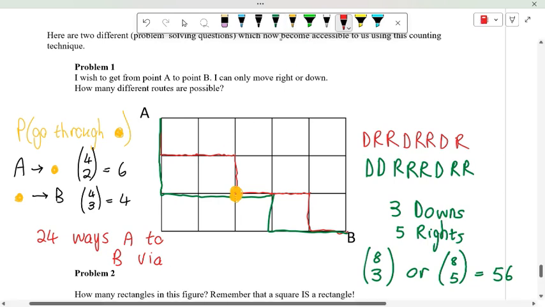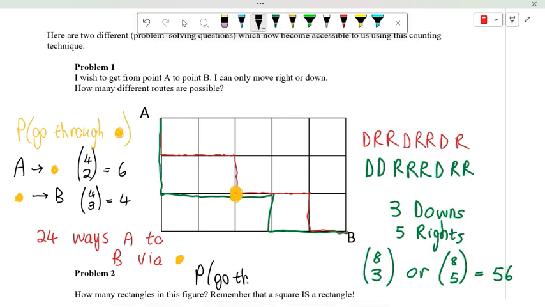So 24 of the paths go through the orange dot out of a total of 56. So the probability that I go through the orange dot is just going to be 24 out of 56.